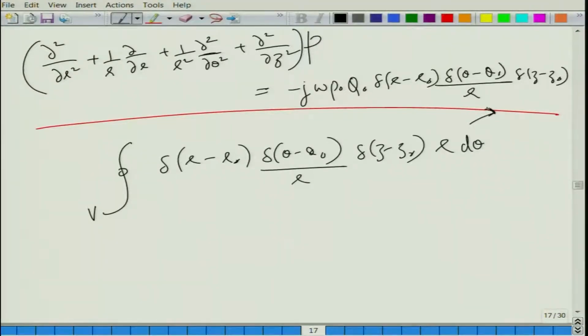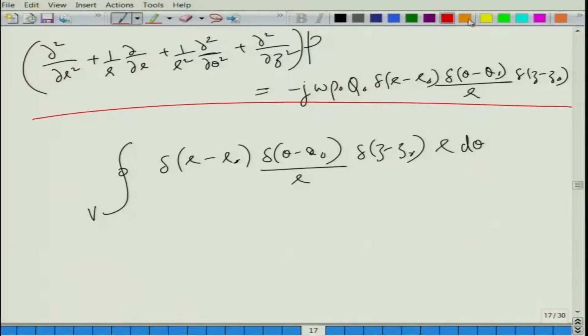If you consider an elemental volume in cylindrical polar coordinates, you get r dr d theta dz. Okay. So, r gets cancelled, and eventually what you will get is this is 1.